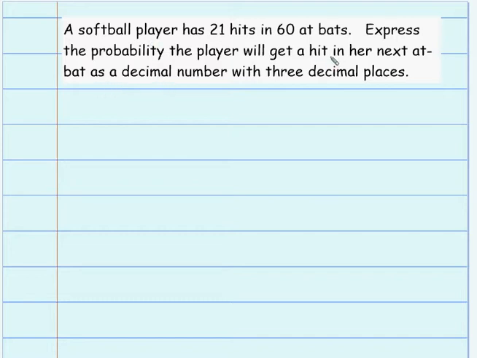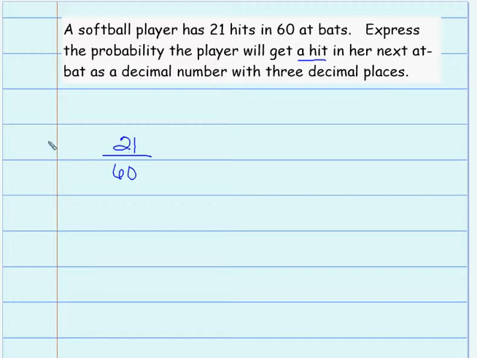Okay, so probability based on trials is the number of what we want, hits, 21, out of the number of attempts, and it's 60. Now don't get tricked up into thinking that we need to add a next at-bat. That's not what we want.